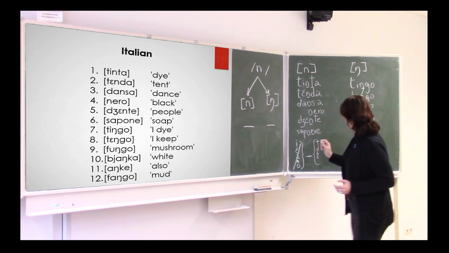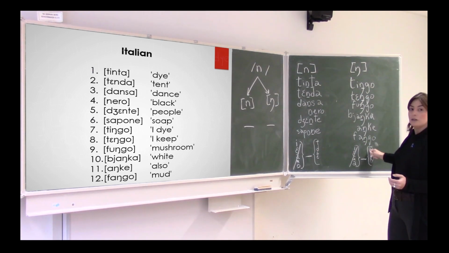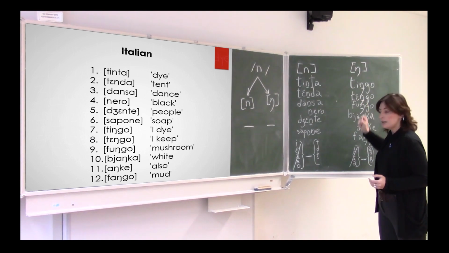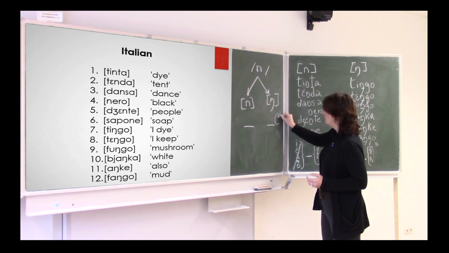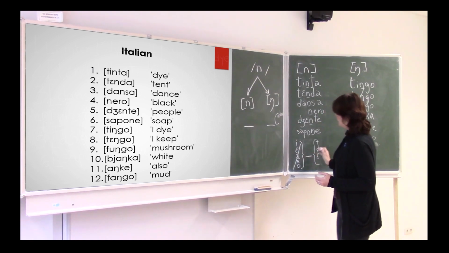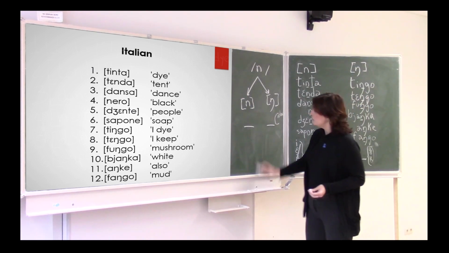Right? So what we have here is that I have velar consonants that follow my velar nasal. And I have, well, everything else for the alveolar nasal. Actually, I don't need two rules, remember.